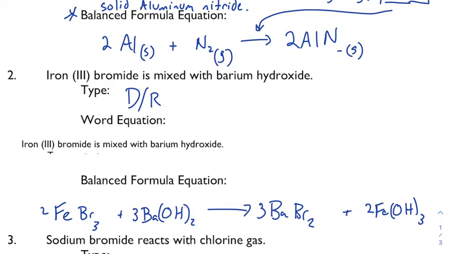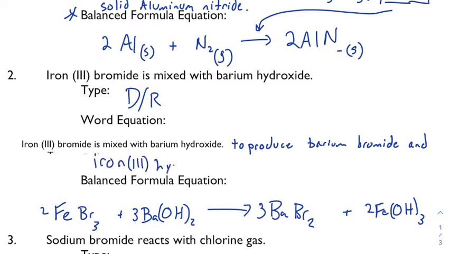So iron 3 bromide is mixed with barium hydroxide to produce barium bromide and iron 3 hydroxide.